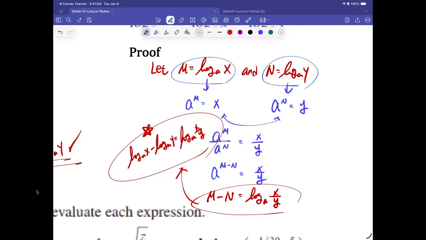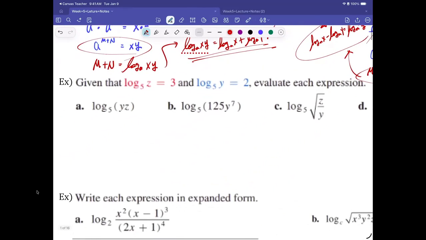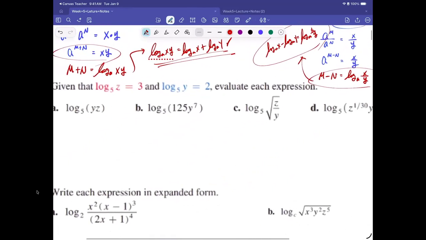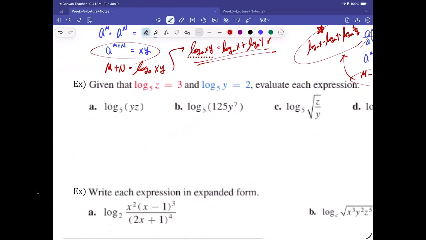So if you know how to do the log definition, then I think you can prove the addition and the subtraction of the log. But anyway, let's play with this. If you have log base 5 of z is 3, and log base 5 of y is 2, and you have to evaluate each expression.